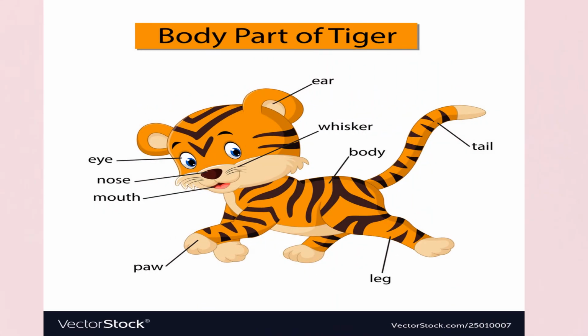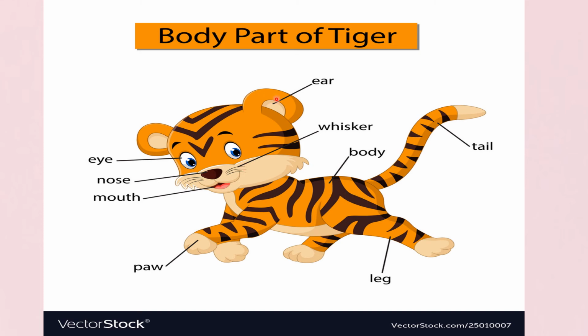Next wild animal is a tiger. Here is the picture of the body parts of a tiger: ear, eyes, nose, mouth, paw, leg, tail, body, whiskers.